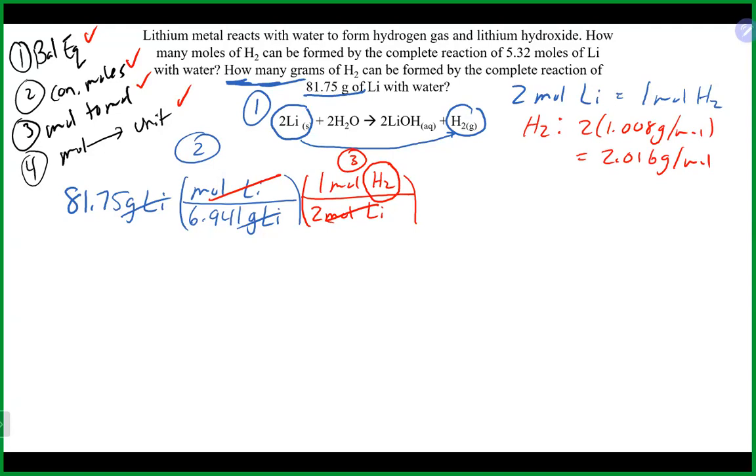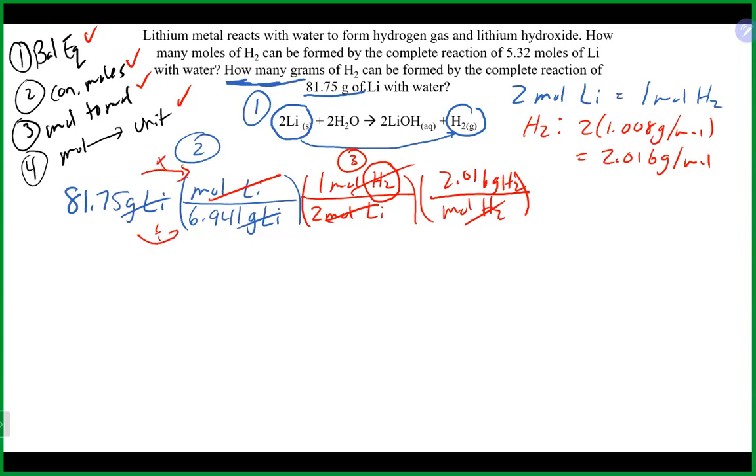We're going to use this as a conversion factor. And again, we see our moles are on top, so we want the moles of H2 on the bottom, 2.016 grams up on top. We're going to multiply whatever's on top and divide by whatever is on the bottom.